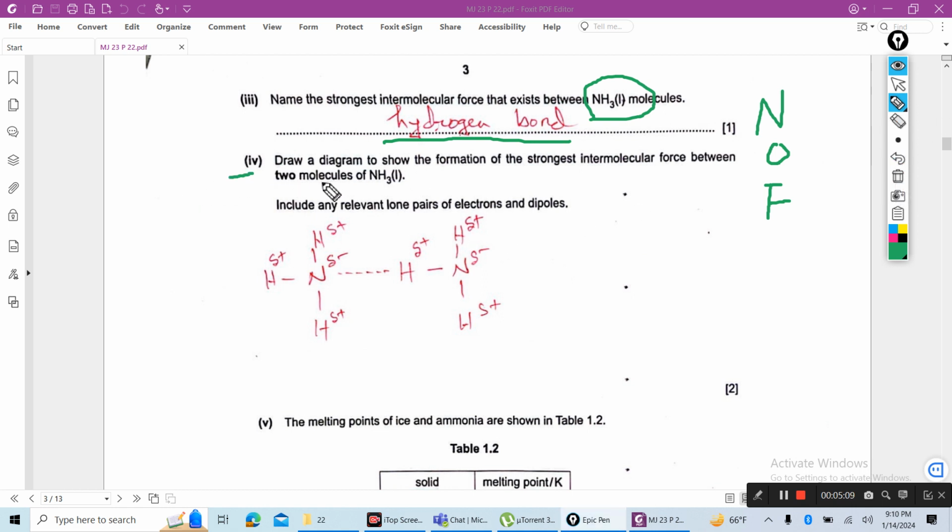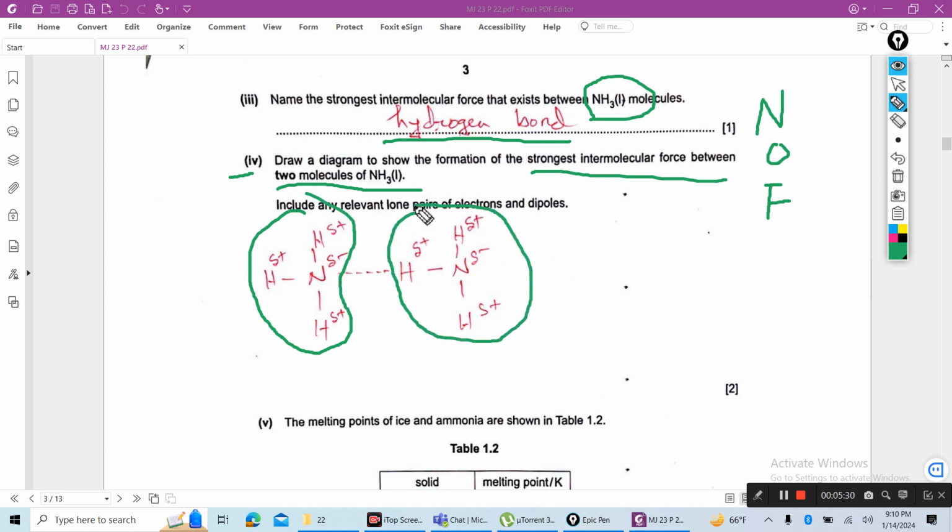4. Draw a diagram to show the formation of the strongest intermolecular forces between two molecules of ammonia liquid. That means ammonia has hydrogen bonding, so one NH3 molecule, another NH3 molecule. Between two molecules hydrogen bonding is formed.